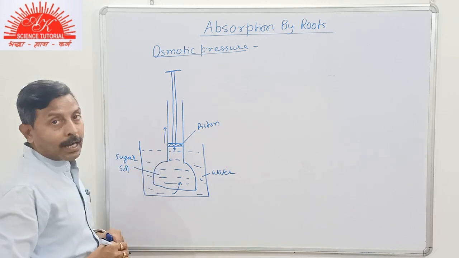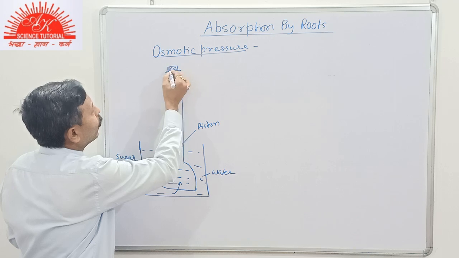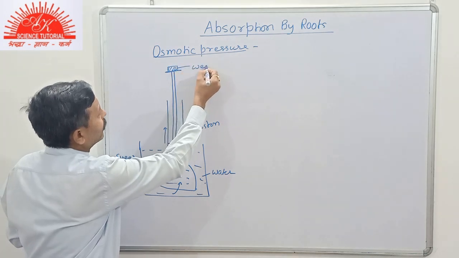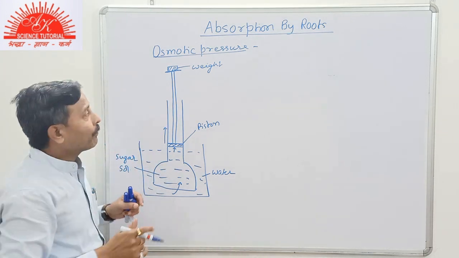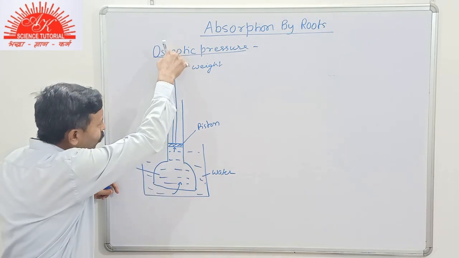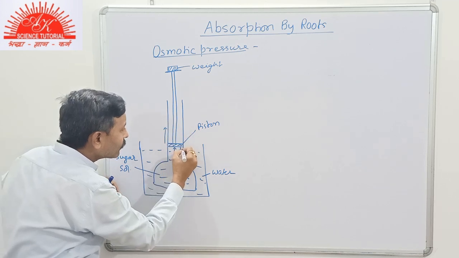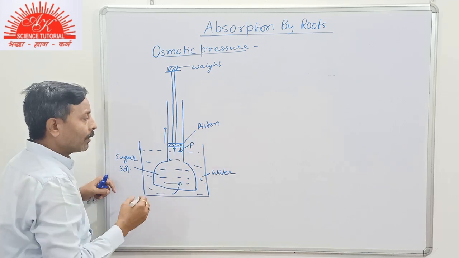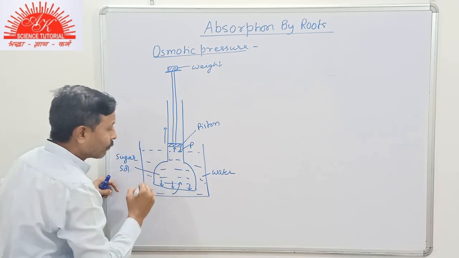Now at this time, suppose we place some weight over the piston. This is the weight. According to fluid pressure, the weight placed over it will exert downward pressure. That will exert pressure at this place also.